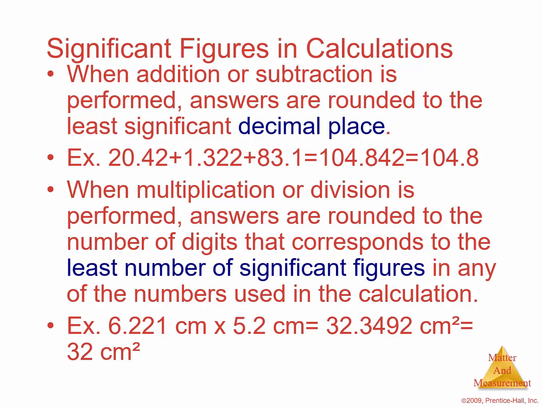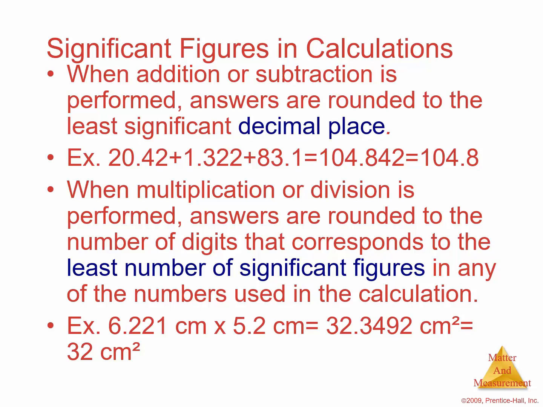Now, in determining the final answer for a calculated quantity, exact numbers are assumed to have an infinite number of significant figures. If we say there are 12 inches in 1 foot, the number 12 is exact, and we need not worry about the number of significant figures in it, because it has an infinite number of significant figures.